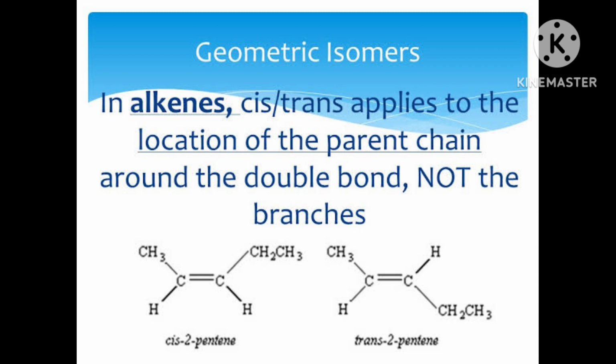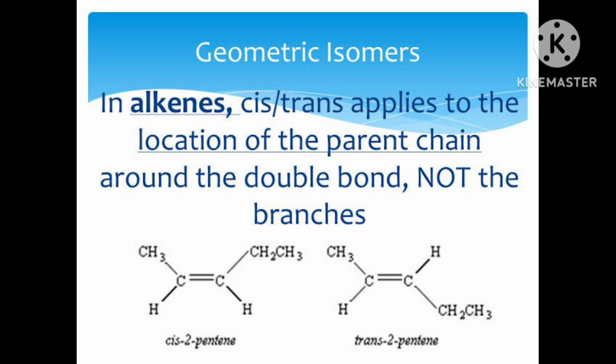Then the different arrangement in space. Now I have told you about the two ways it can be represented in space. In the first, I told you the two identical atoms, that is both the X or both the Y, lie on the same side of the double bond.